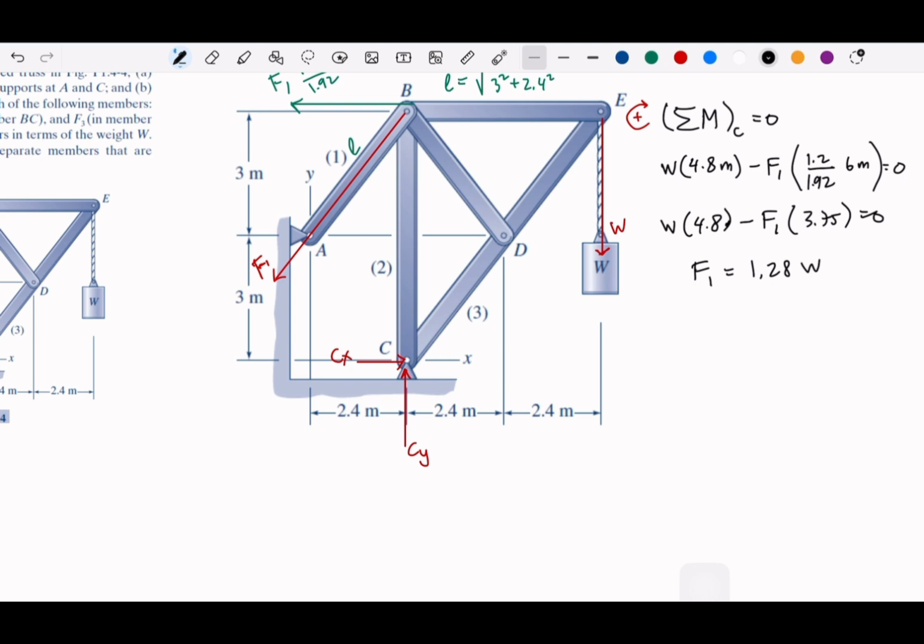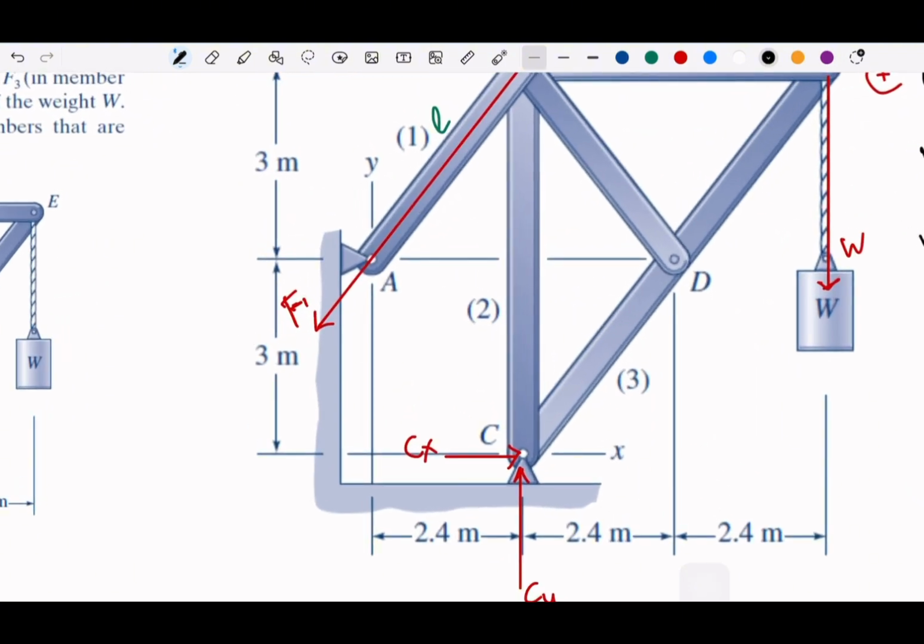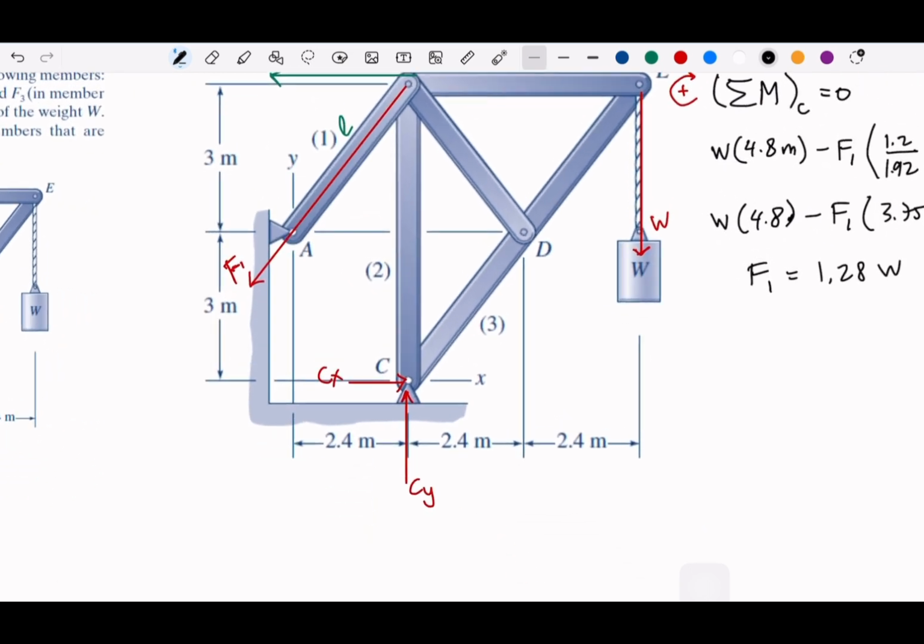I think most of you got this correct, right? And then since we have this F1, we can definitely get the AX and AY.